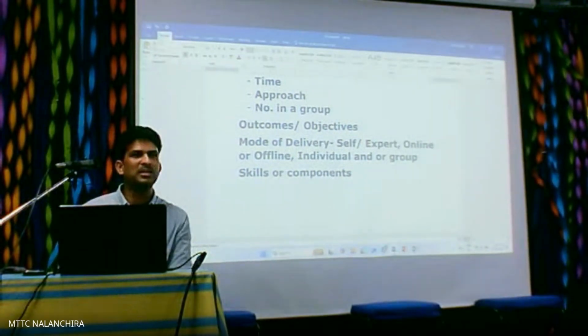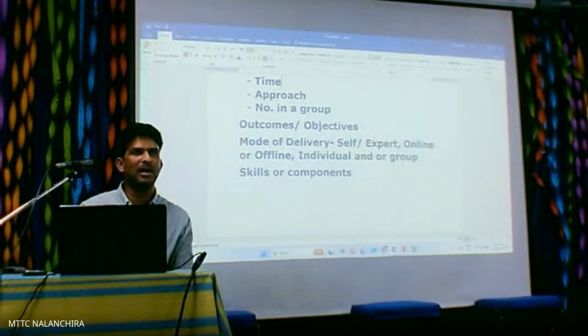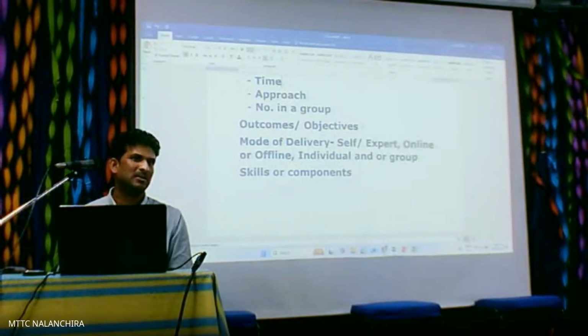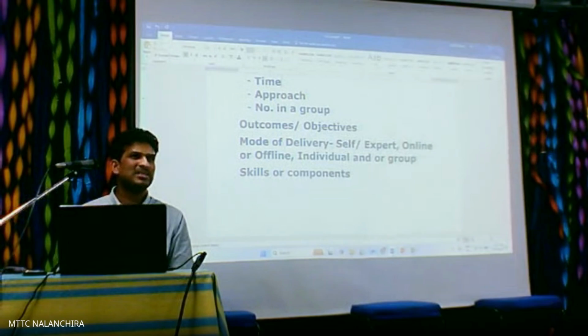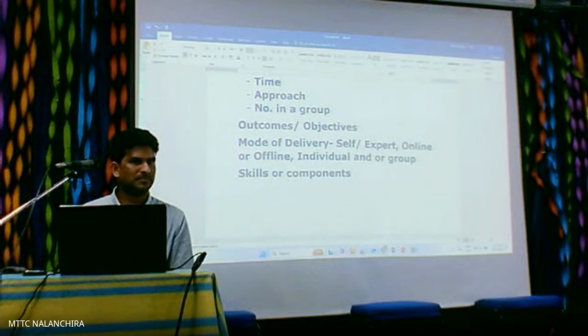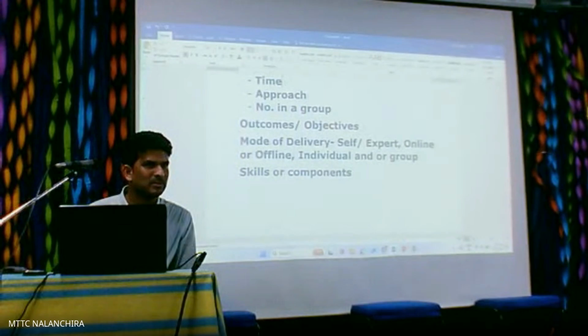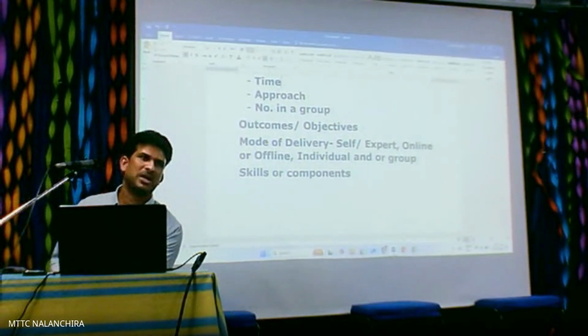You simply create a puzzle using an educational puzzle maker and give that to the students. That is your strategy, a media integrated strategy. Then you package it. Yes, you can use any strategy.